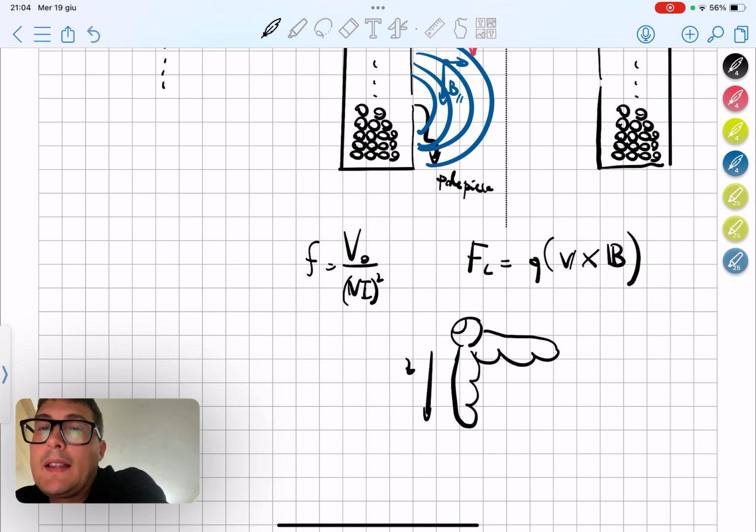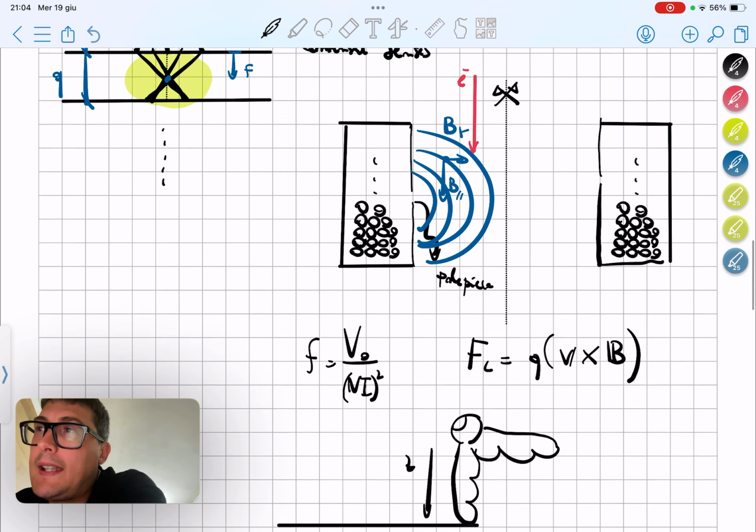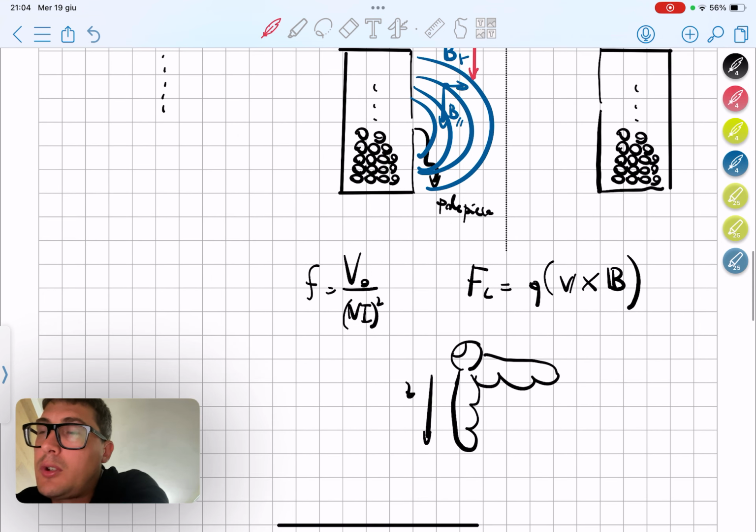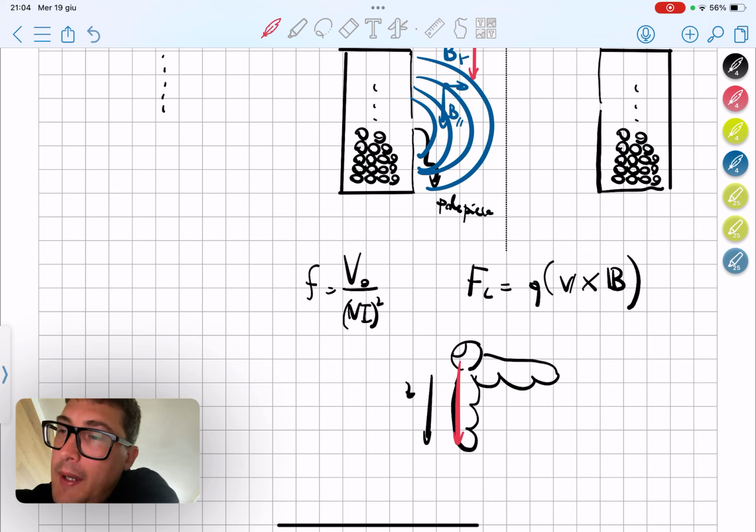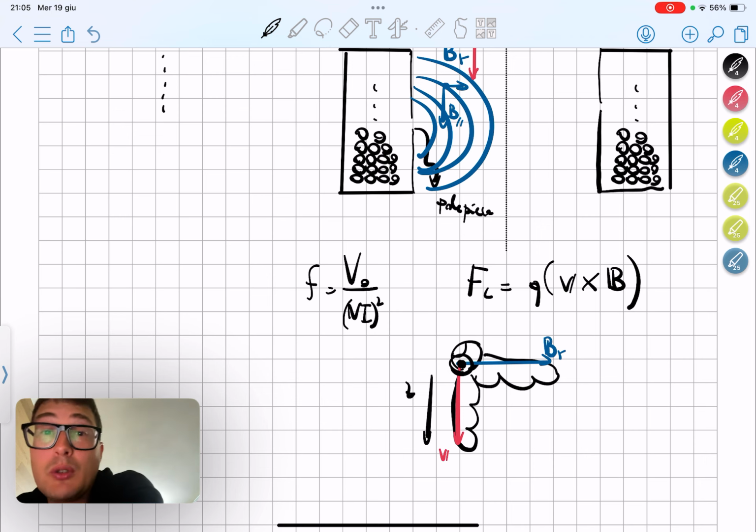It's telling you that the electron, which has a certain velocity, a certain momentum, will first interact with the radial component of the magnetic field, B radial, and the resulting force will be pointing outside from the screen towards your eyes.